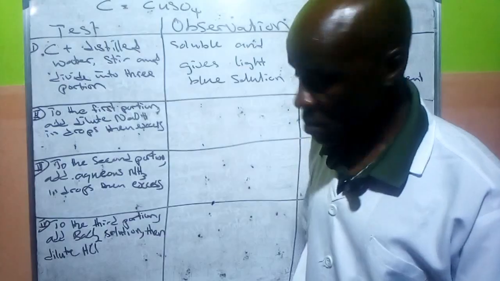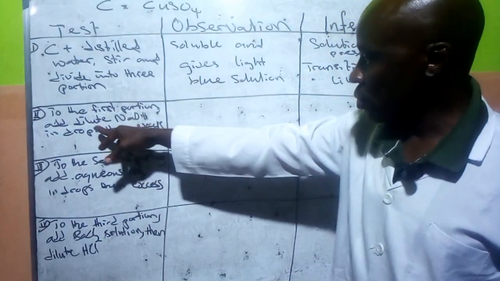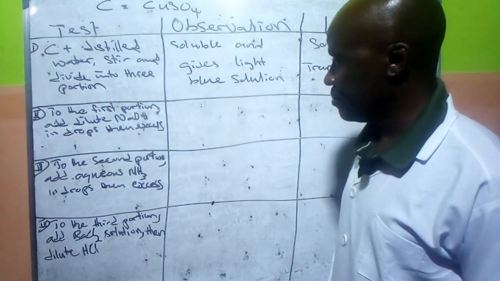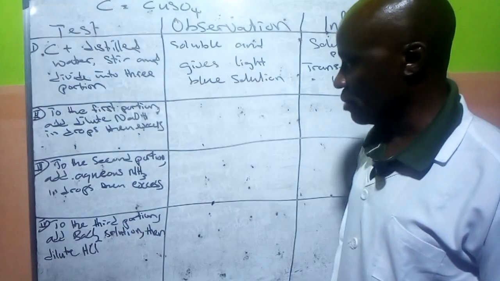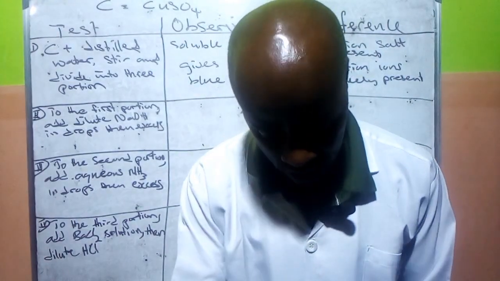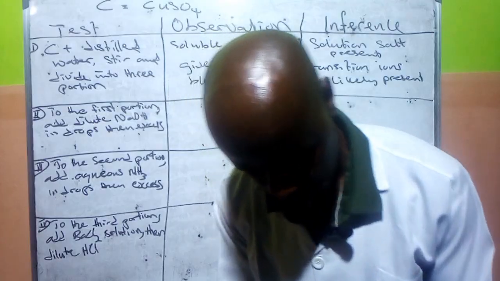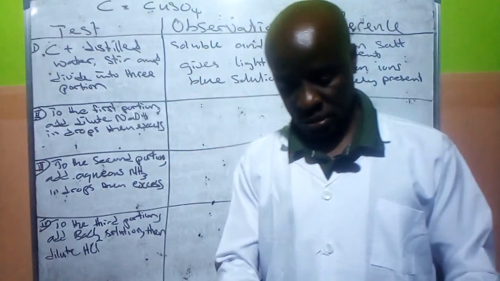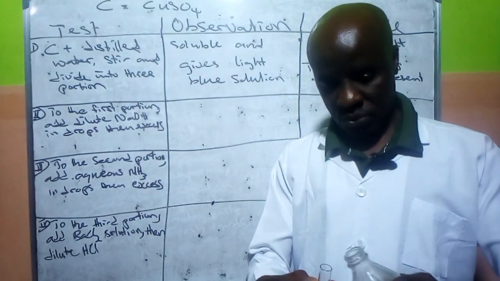To the first portion, add dilute sodium hydroxide in drops and then in excess. So let me add drops of sodium hydroxide into this.